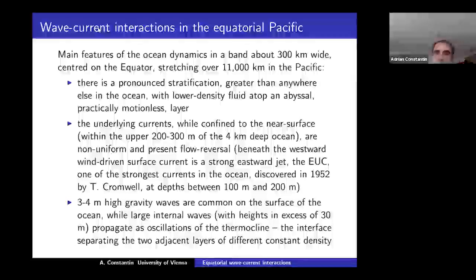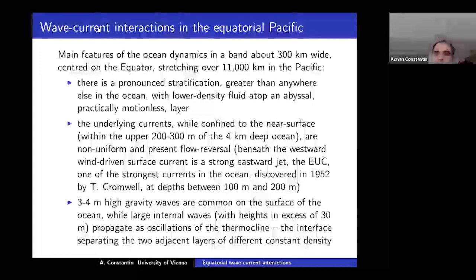The other complication is that you have two currents. At the surface, you have a current that goes from America to Asia, because this is how the winds are blowing. So you have a wind-induced current in the upper 200, 300 meters, and it goes westward.